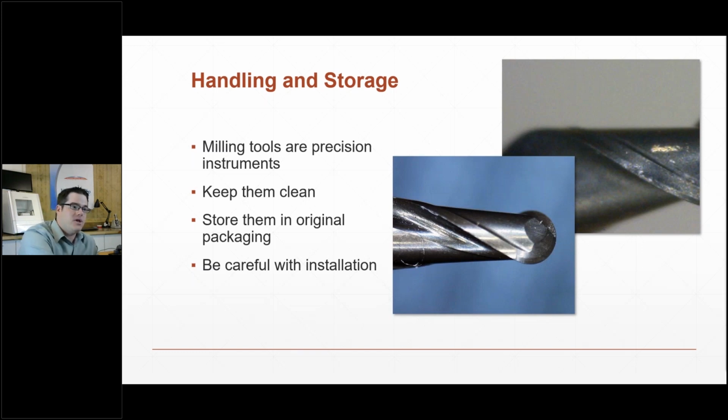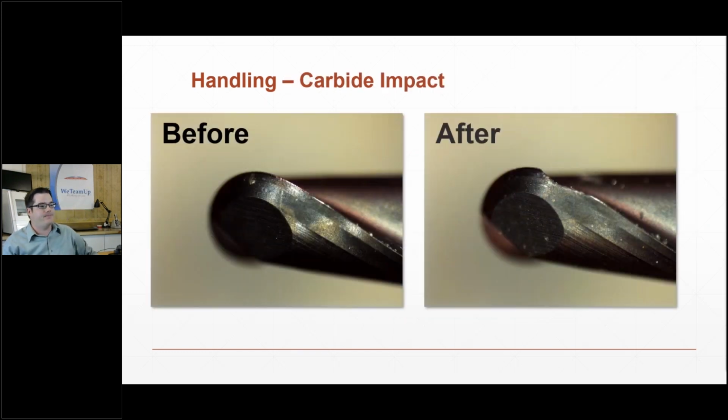So this next slide here, this is the same tool that was just dropped on the floor, essentially, and you can see the significant damage to the cutting edge. Now, instead of cutting with a nice pristine sharp edge, now I'm cutting with a blunt edge, and it doesn't really take much to imagine how that can affect the overall yield from the tool.